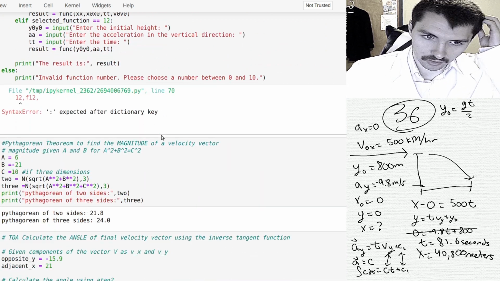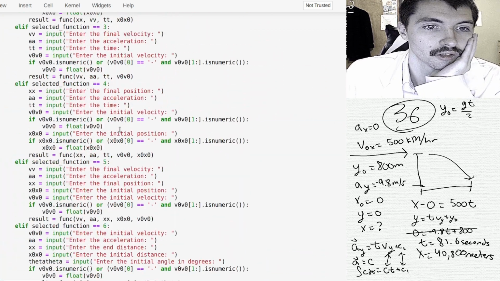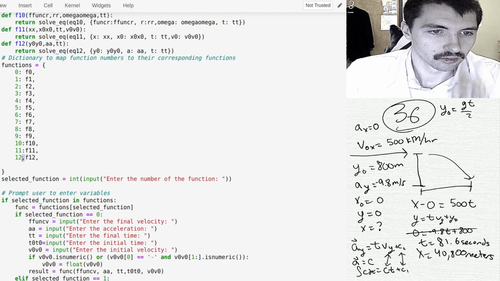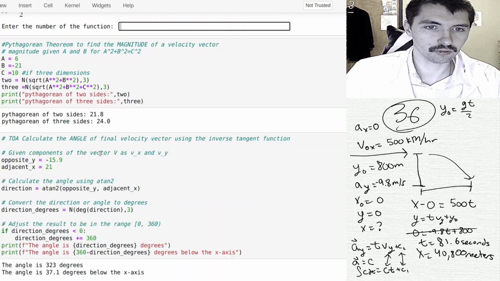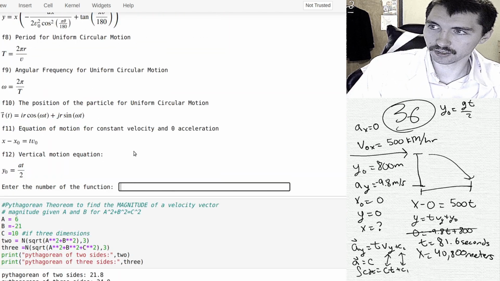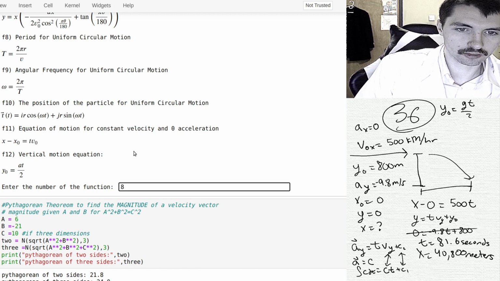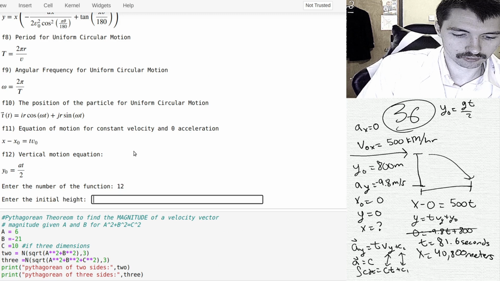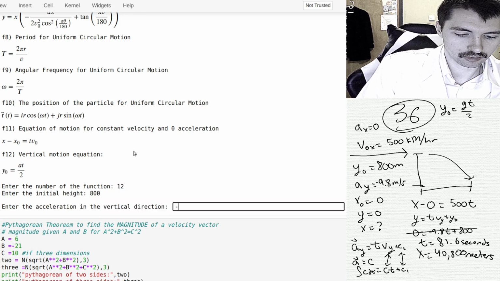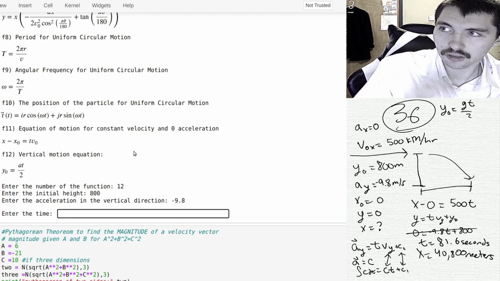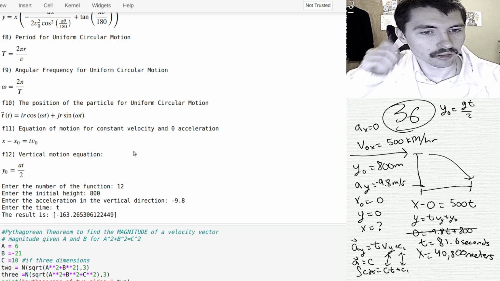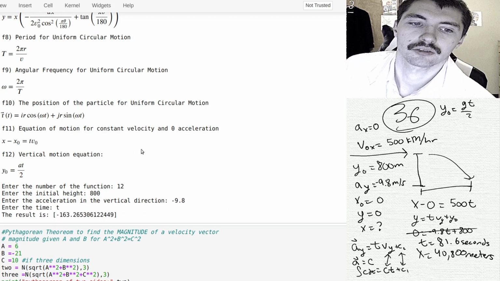Okay, so in this case, our y naught is, using equation 12, 800 negative 9.8 t. Okay.